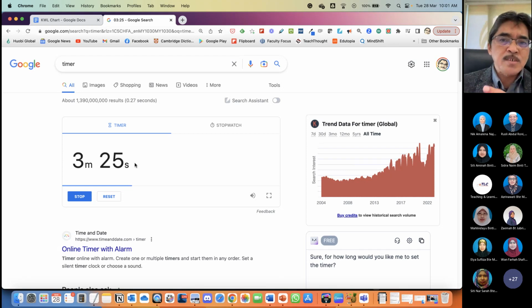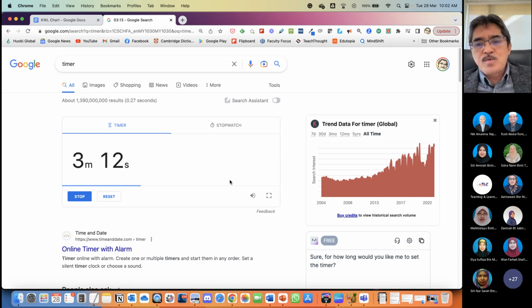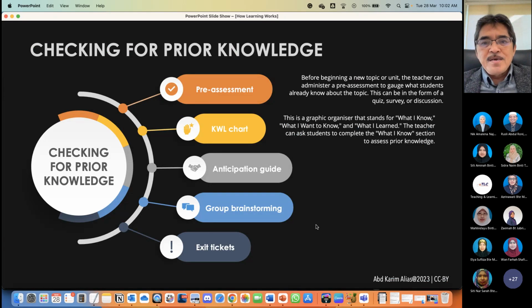Ada 3 presences tu. So the presence maknanya the student always feel that we are there by their side to help them, to guide them, to facilitate them. Yeah. So okay, faham. Boleh so dengan 2 ni saja pun kita dah boleh buat banyak dah on checking prior knowledge.